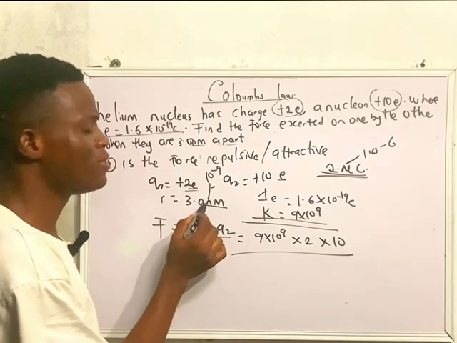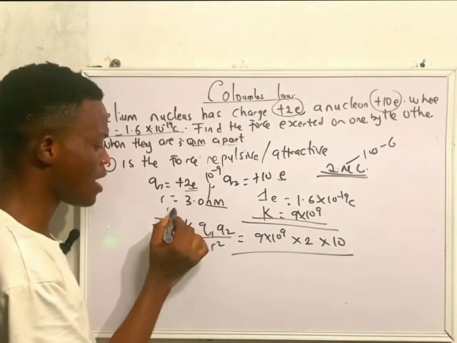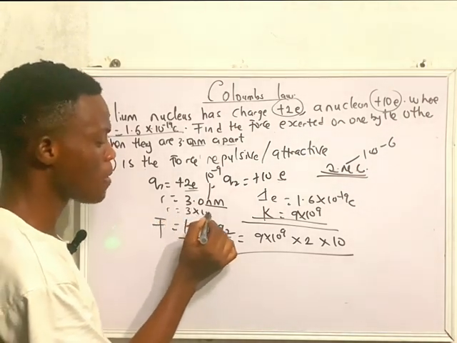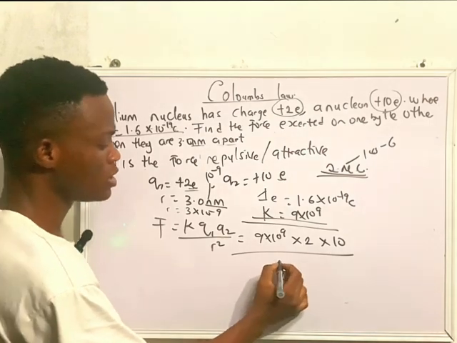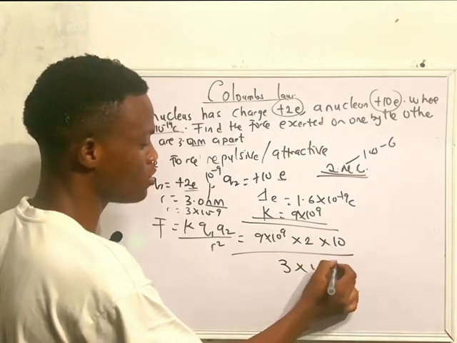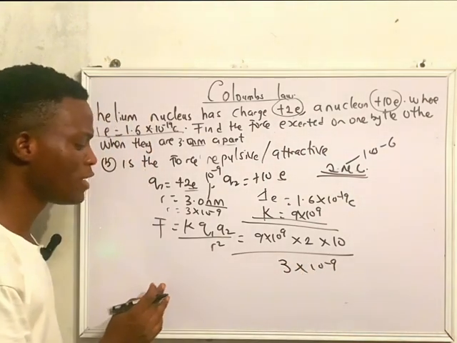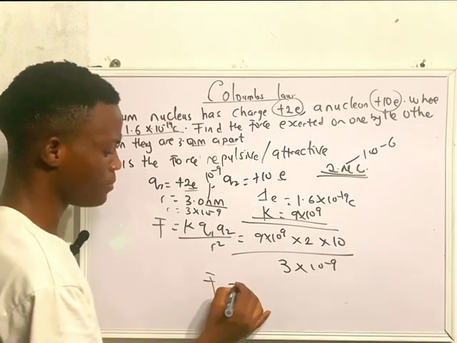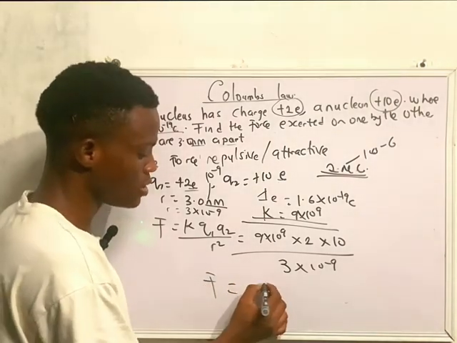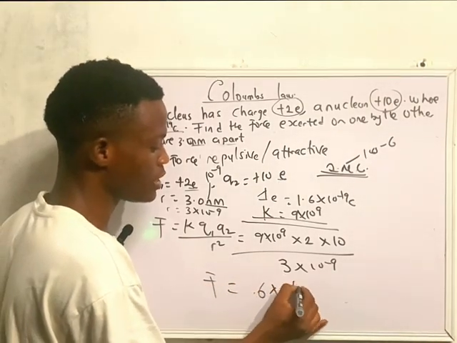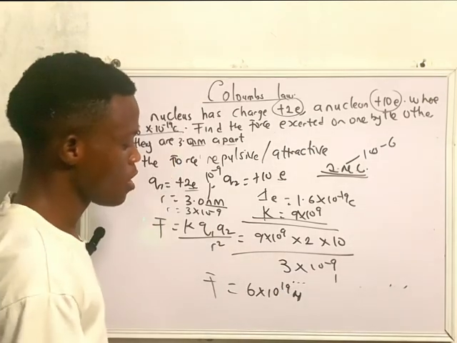Since our nano is 10 to the minus 9, our R is 3 times 10 to the minus 9. Now if we calculate everything, what will be your answer? So our answer is 6 times 10 to the 19 newton.